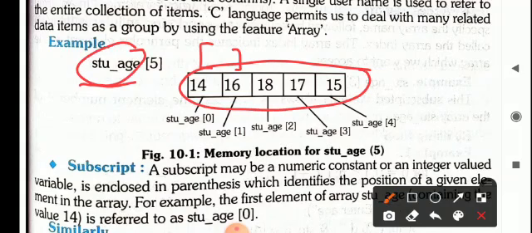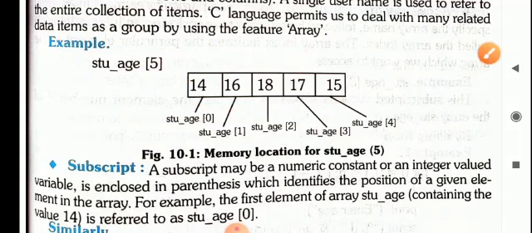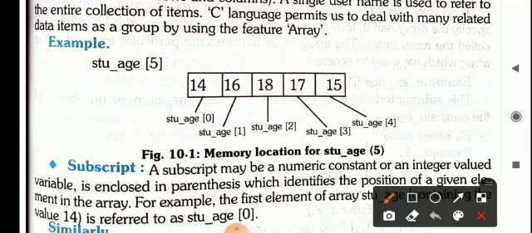But how are we going to refer to the middle value or each and every element of this array? For example, if we want to work with the number 17 of this array, how are we going to do it? We give the array name stu_age, and you can see here 5 boxes are there.